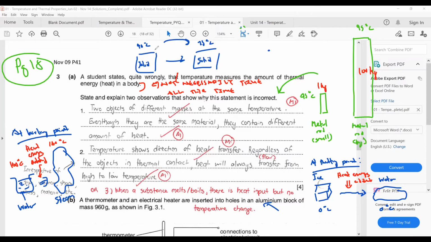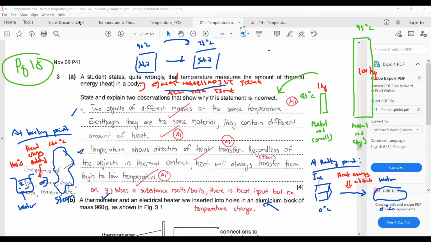So in this case here, yes, the temperature here is actually a measure of the heat energy added, but it does not apply for all cases, especially when you start to look at changes in phase. So that's why I say it is not necessarily true for all cases. Okay, so these are the 3 examples you should know. Right, so if that one is fine, then I will just move on to the next part.